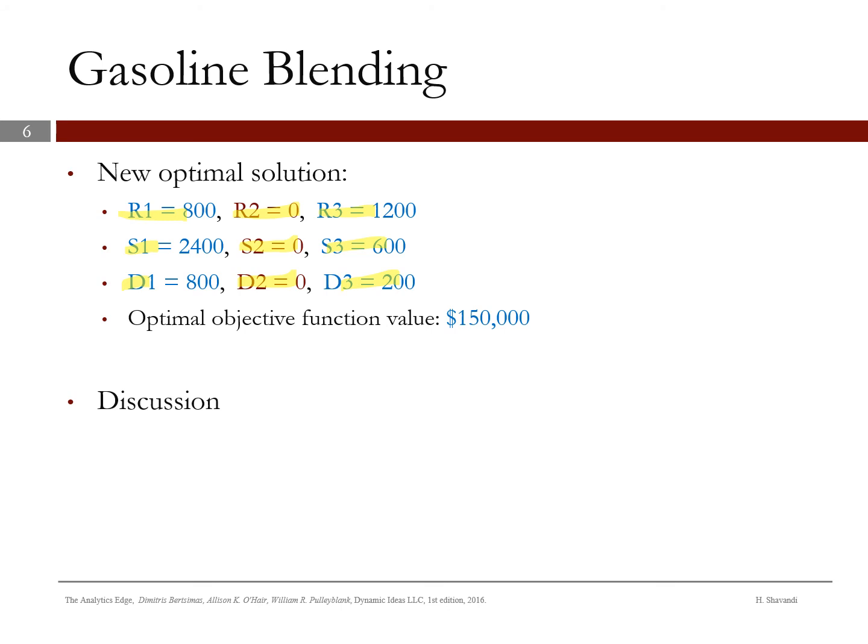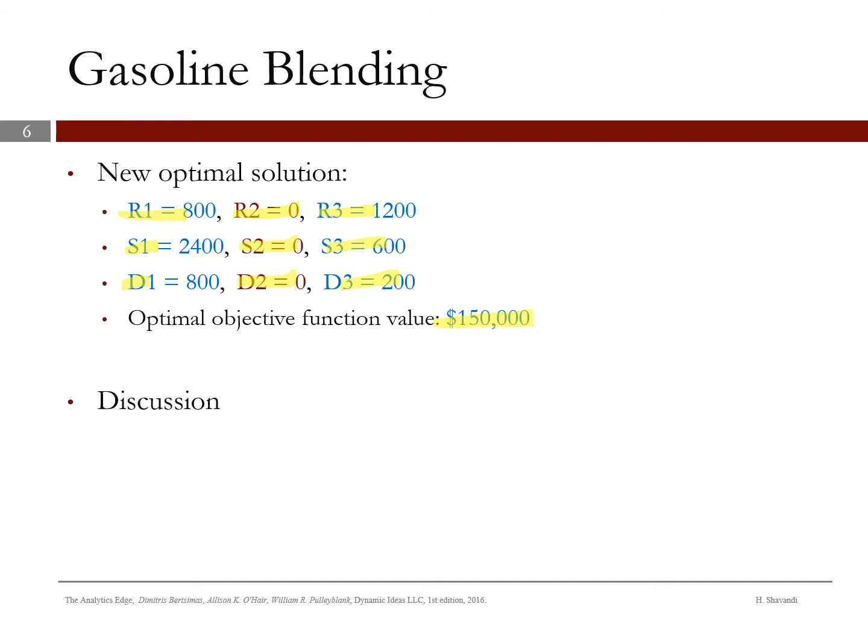And the optimal objective function value here would be $150,000, so it's much less than the previous optimal objective function value, and this is because we are adding three more constraints to our linear programming model. So anytime that we have more constraints, the solution could be worse than before, okay?